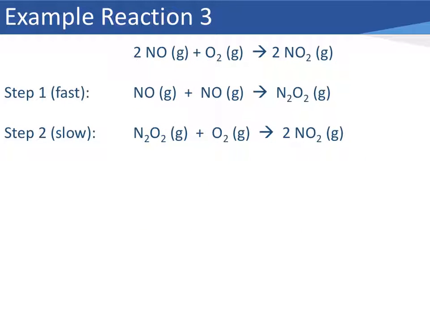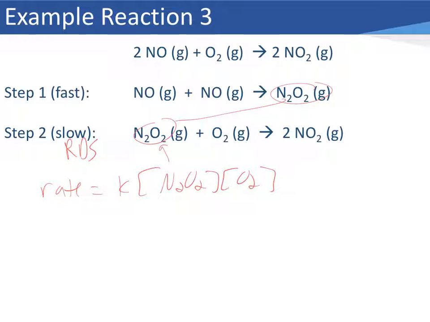Now, what if I have a third reaction, but the second step is the slow step, which means the second step is the rate determining step. So that means the rate is k times [N2O2] times [O2]. But N2O2 is an intermediate.